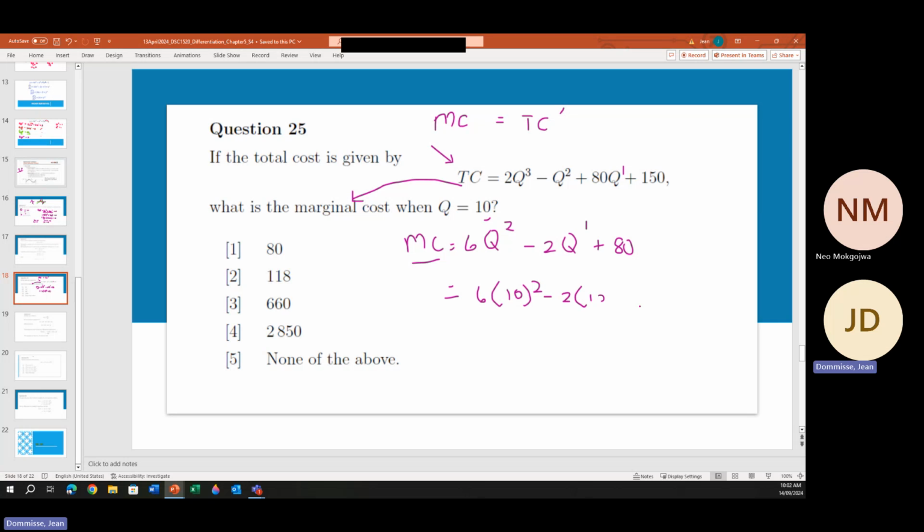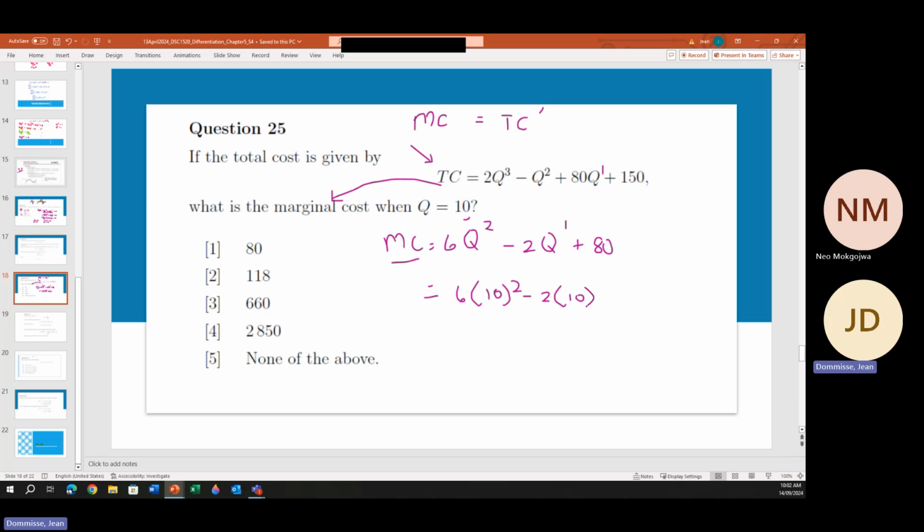So we can do that. So what we then get is 10 times 10 is 100. 100 times 6 is 600. There we have 2 times 10 is 20, so minus 20 plus 80.